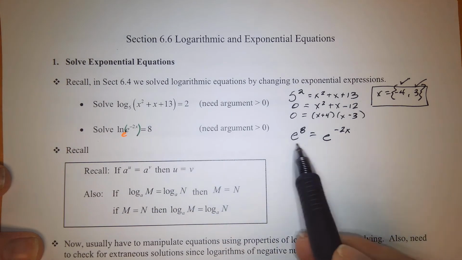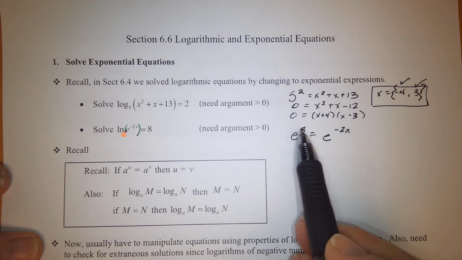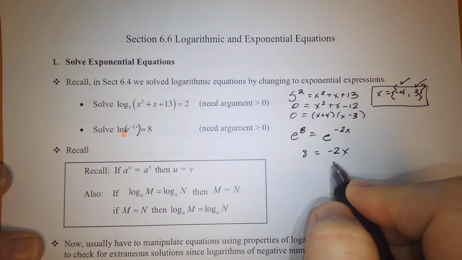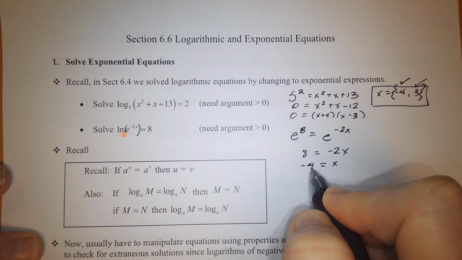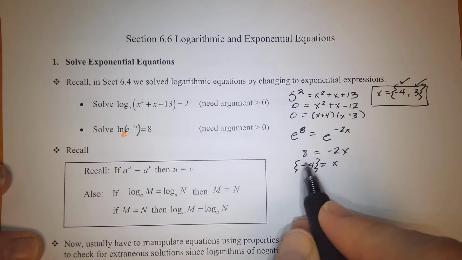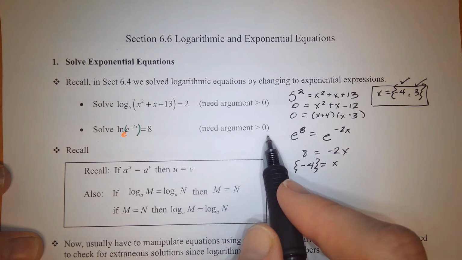Now by solving, we have two bases that are equal to each other, which means that their exponents must be equal. So this means x is negative 4. But before I decide that this is the only solution, we have to make sure it makes my argument greater than 0.